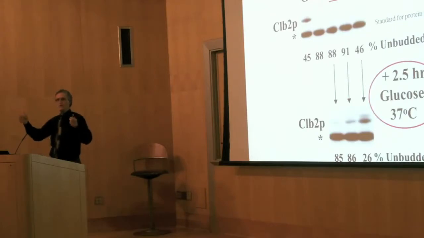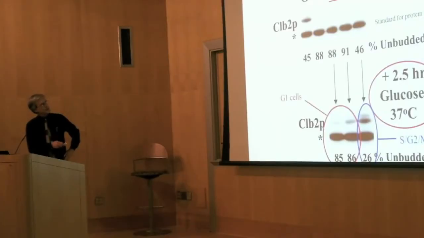Are you in G1? Are you in S, G2, M? The cells that didn't get any Clin-3 are, of course, still in G1. 85% unbudded, no Clib2. They're still in G1, of course. They didn't get perturbed. The cells that saw Clin-3 for a half an hour are still in G1. 86% unbudded, just a little smudge of Clib2.